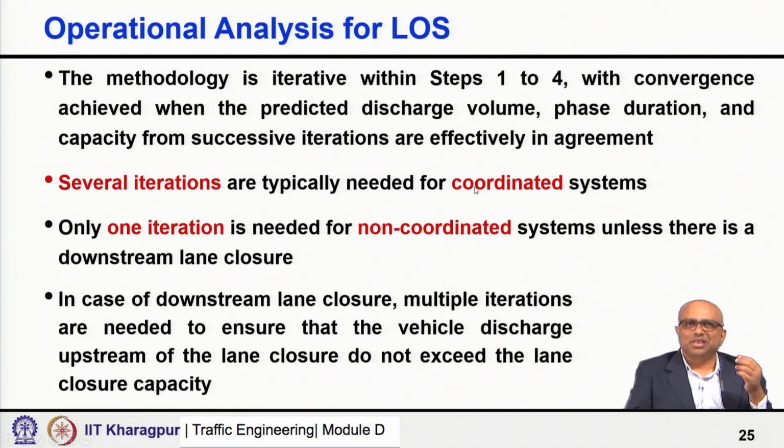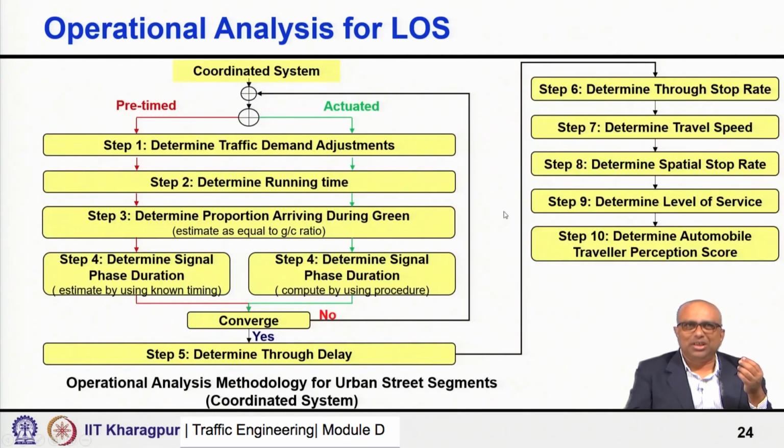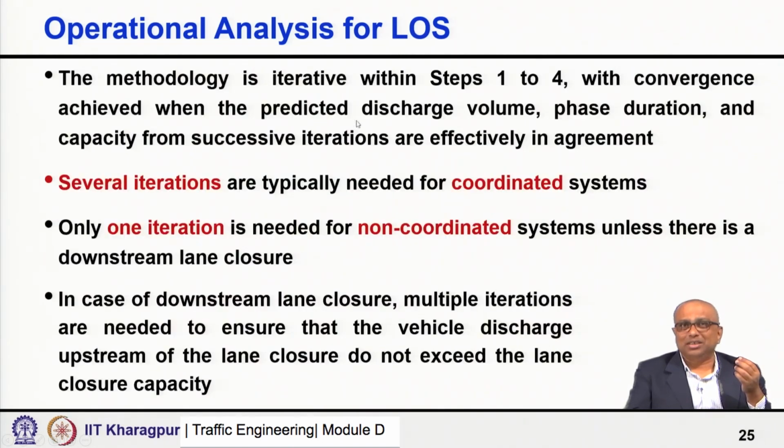Normally, several iterations are needed for a coordinated system to stabilize these values, the predicted discharge volume, phase duration and capacity, but generally only one iteration is needed for a non-coordinated system unless there is a downstream closure. Downstream closure means a lane may be closed downstream.